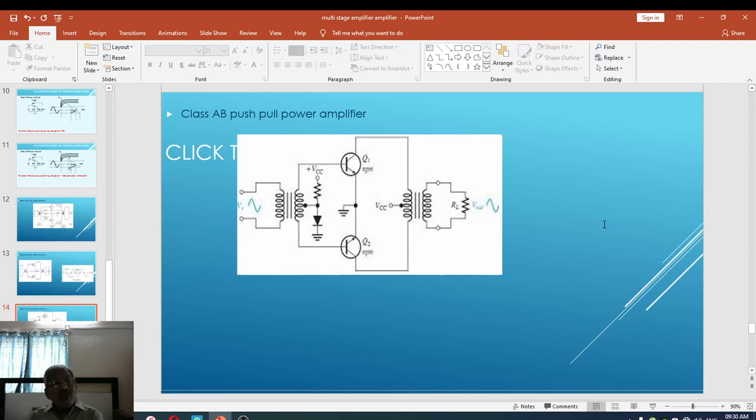Now, we have to adjust the operating point in between the center of the load line and the cutoff point. To bring the operating point to the cutoff, one has to remove the resistor divider biasing. If you remove that, the operating point will be at cutoff. Now it should not be at the cutoff, but in between at the center, and that's why this arrangement is done. Look at here.